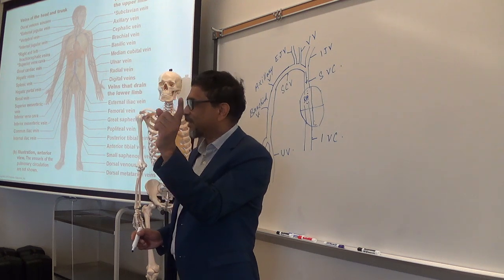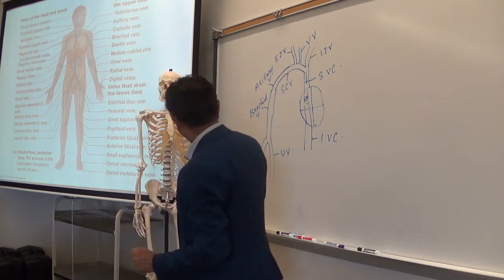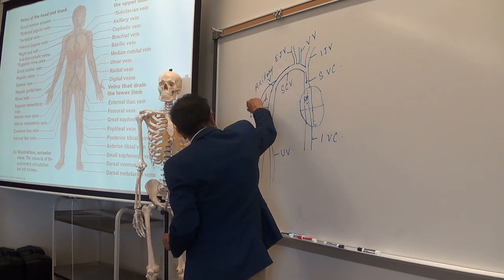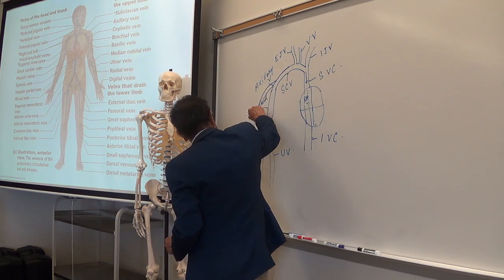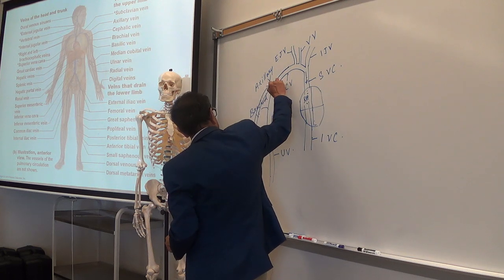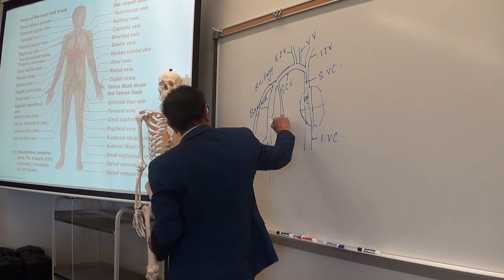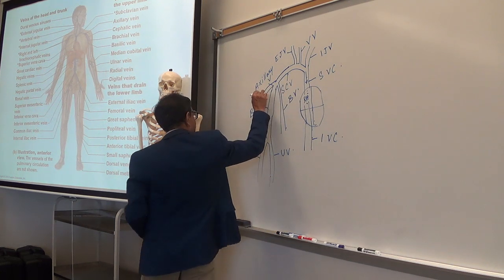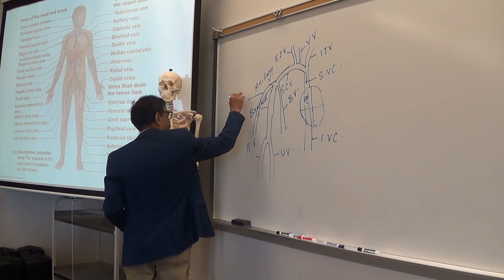You don't have cephalic or basilic arteries. So, from the axillary, you get two other veins. They're pretty large. Basilic vein and cephalic vein.